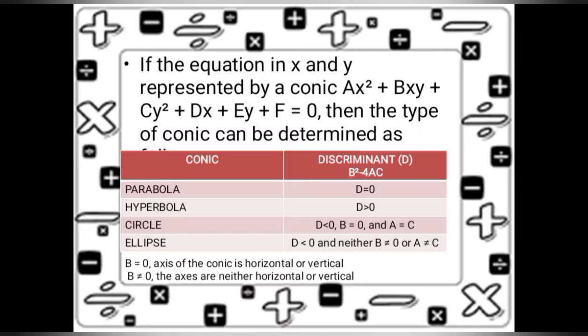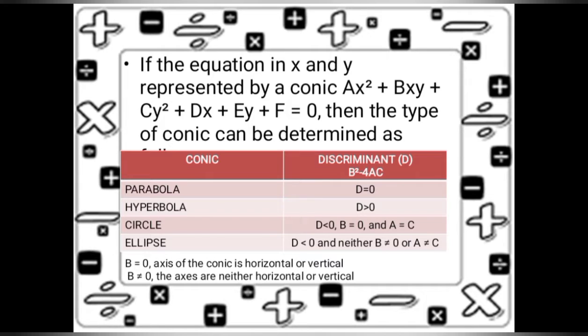So, identifying conic sections. For our next slide, we should be able to identify what type of conic section the given equation is.